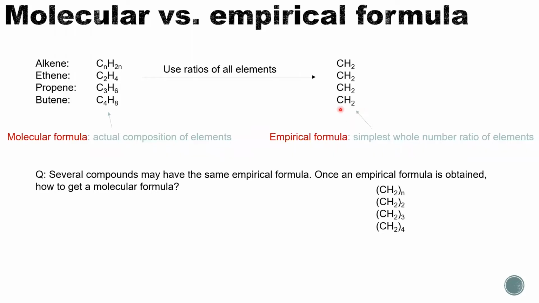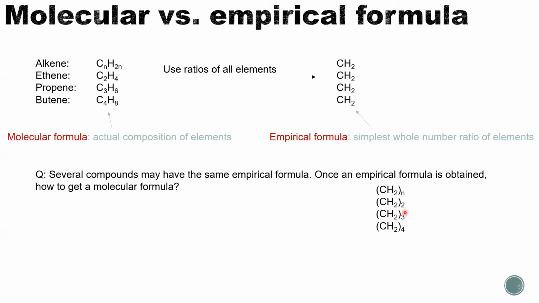If you take a look at this empirical formula, the difference between the two is that you need to multiply each element in the empirical formula by a common factor, some type of integer, 1, 2, 3, 4, 5, whatever. So in order to get the molecular formula, we need to get this common factor.